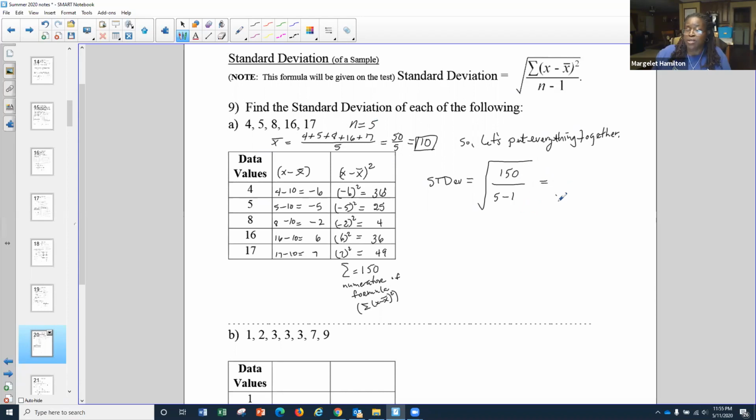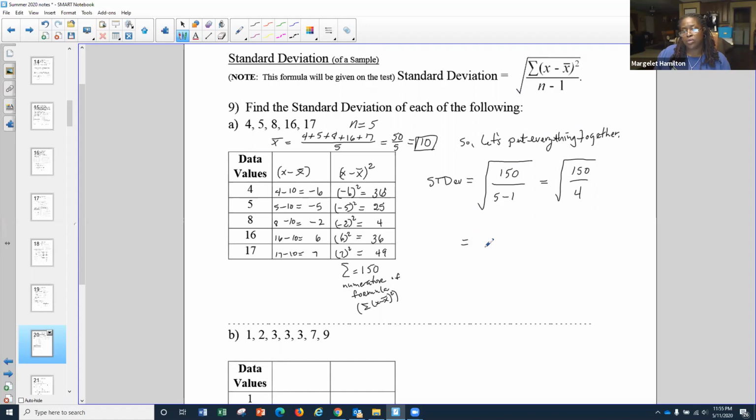So here's my square root. We have 150 all over 4. We can divide. That's 150 divided by 4. Does that simplify here? Let's see. That gives us 37.5.